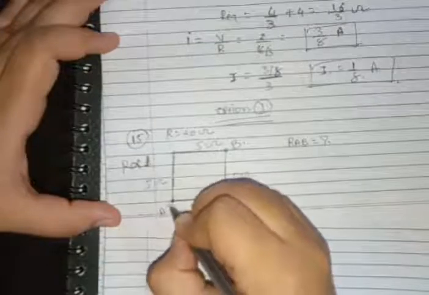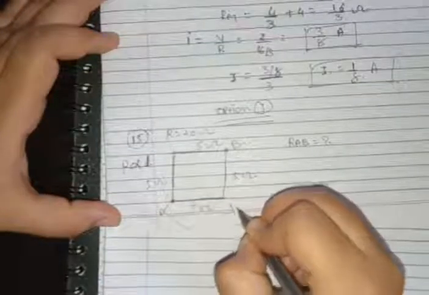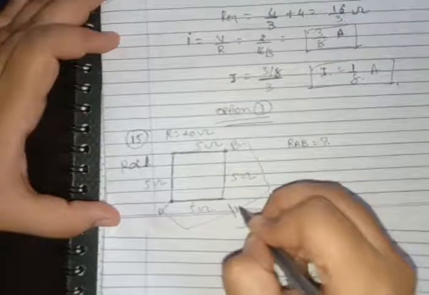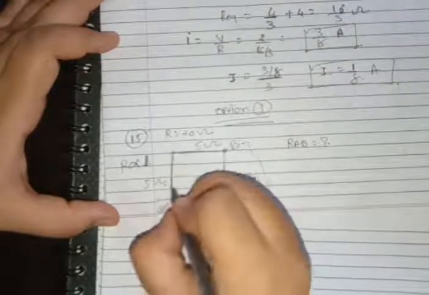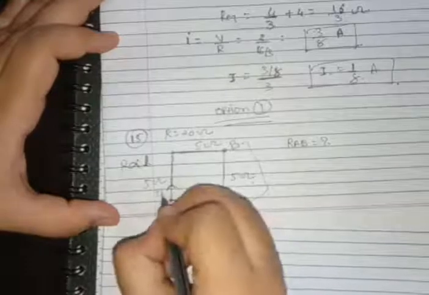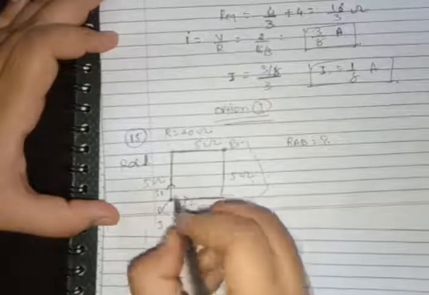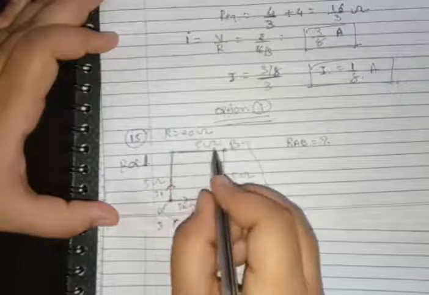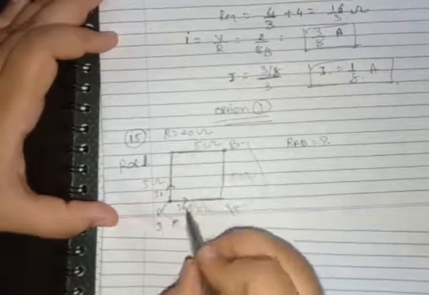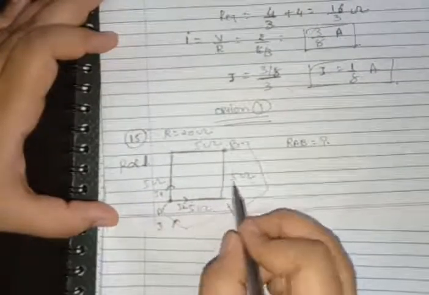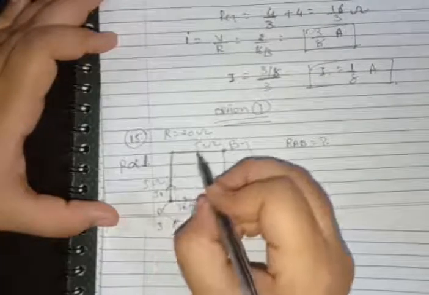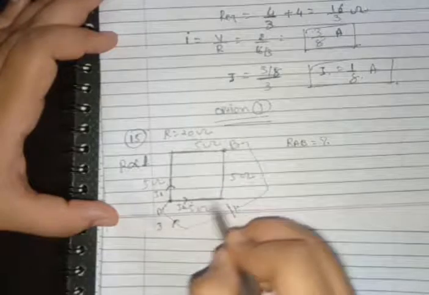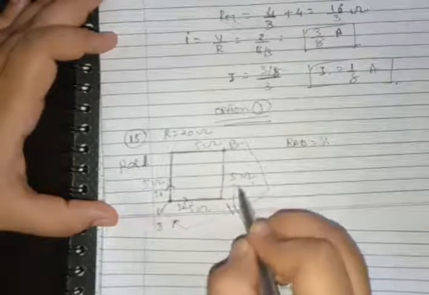If we connect a battery between A and B, then current will flow in this direction. At this point, current will be divided into 2 parts. Let's say this is I1 and this is I2. This I1 will flow through these 2 resistances and this I2 will flow through these 2 resistances. As current is the same in these 2 resistances, they are in series, and same way this 5 and 5 are also in series.